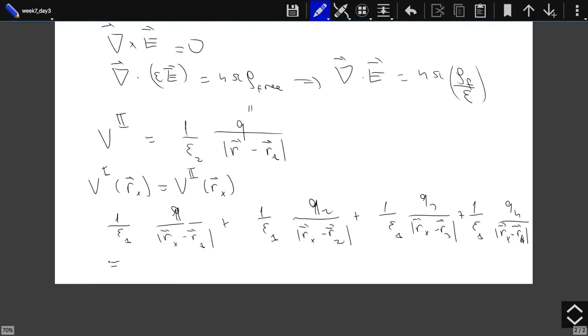This should be equal to 1 over epsilon 2, Q double prime over R minus Rx. Now, Rx minus R1. This is one condition we have.